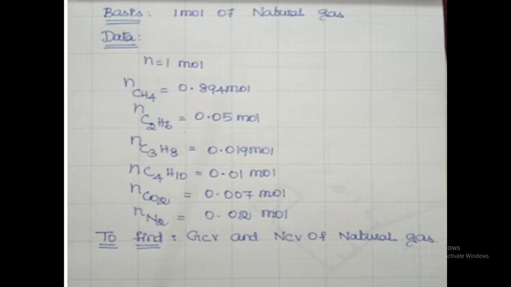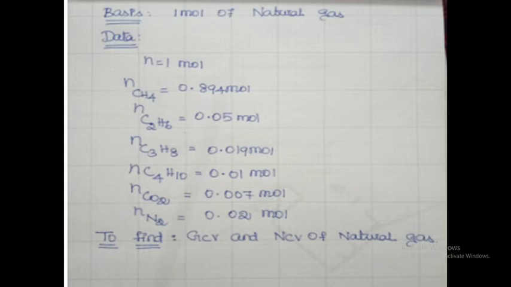First, you should write the basis of this problem: 1 mole of natural gas. Data: N is equal to 1 mole. Number of moles of methane is equal to 0.894 mole. Moles of C2H6 is 0.05 mole. Moles of C3H8 is 0.019 mole.